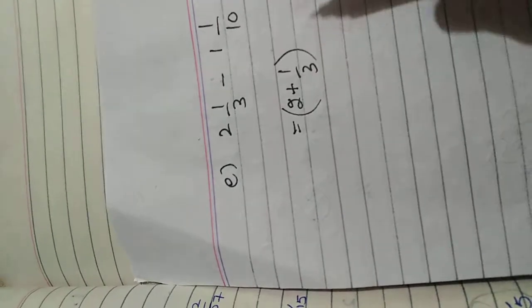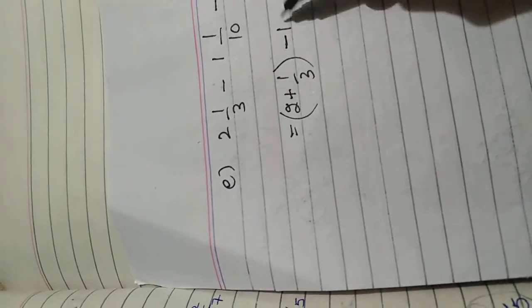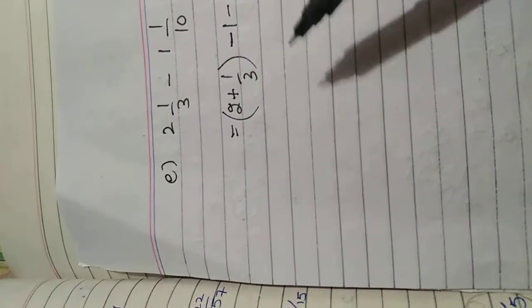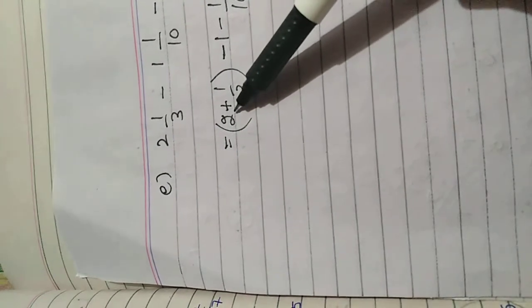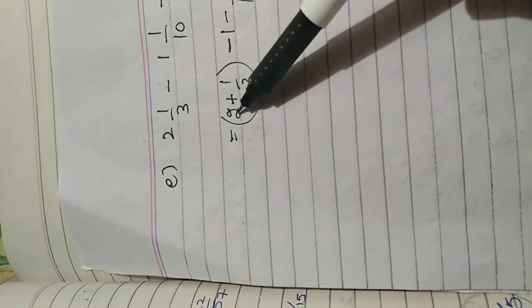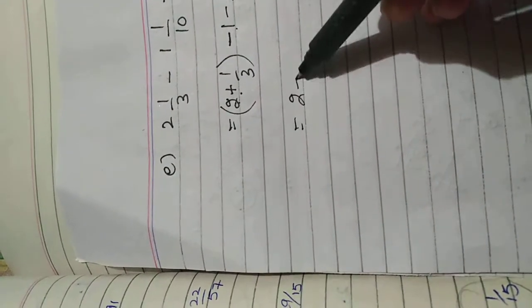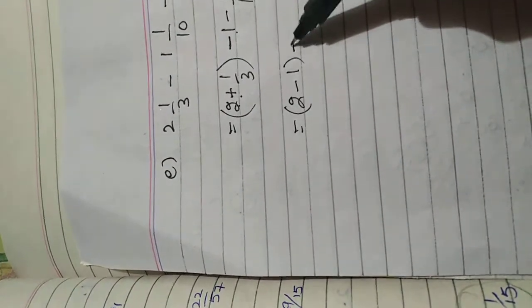First we will write the mixed fractions as 2 plus 1 by 3 minus 1 by 10 minus 1 by 6.